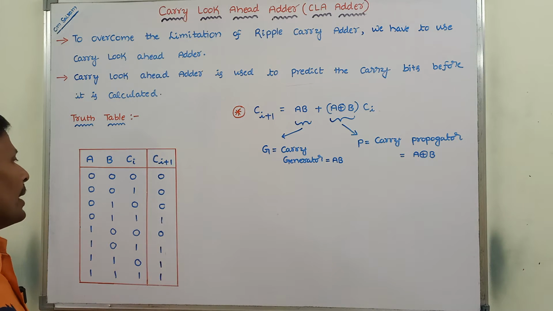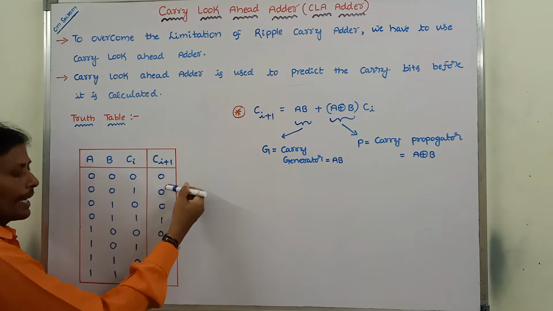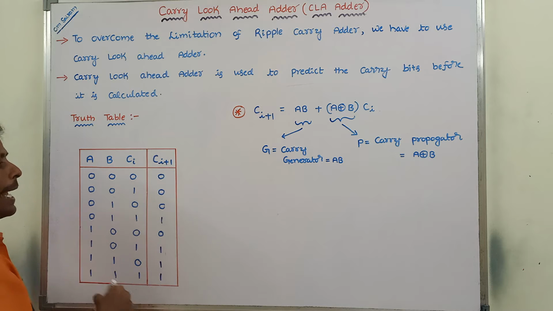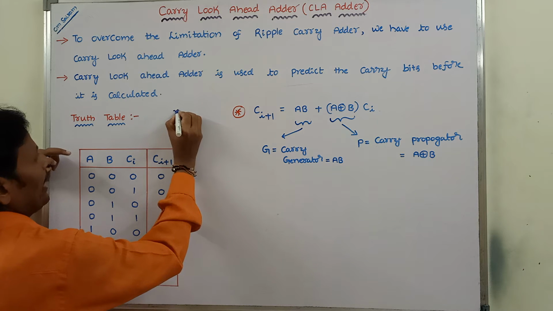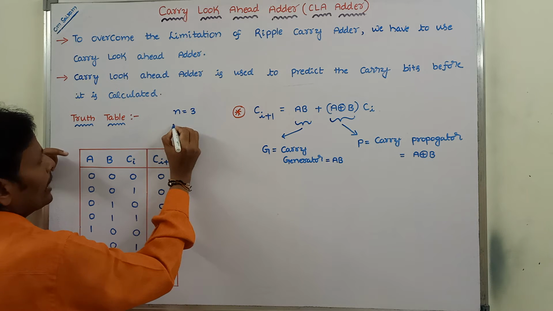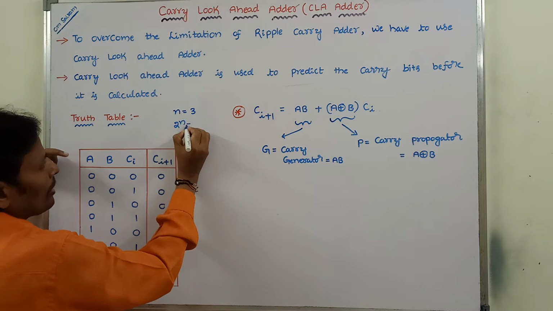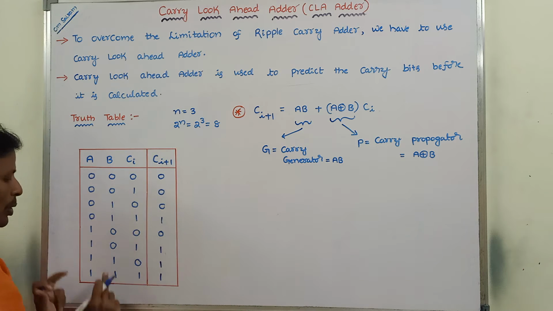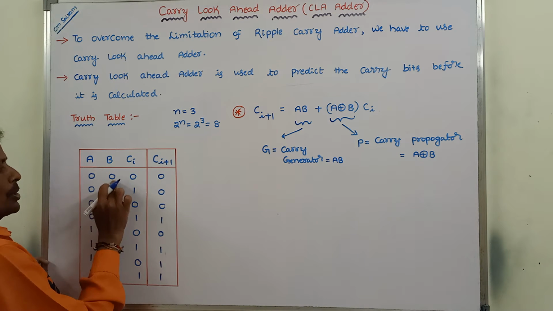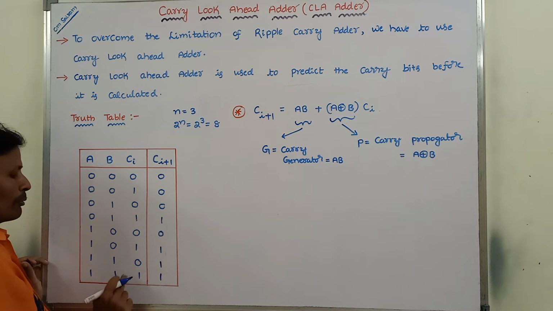Here how many cases are there? Total 8 cases. How many inputs? N is equal to 3. How many possible combinations? 2 power 3, that is 8 possible combinations, 0, 0, 0 to 1, 1, 1.